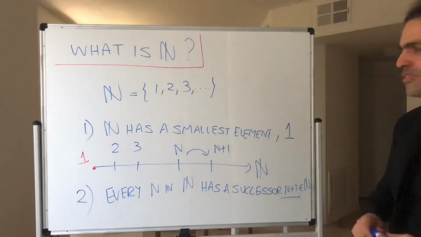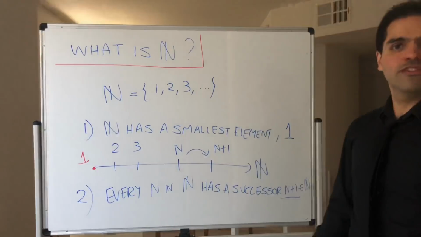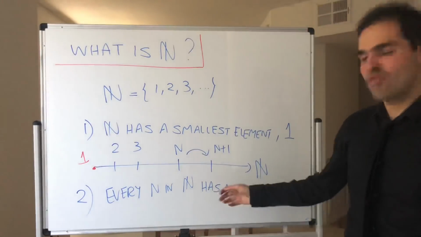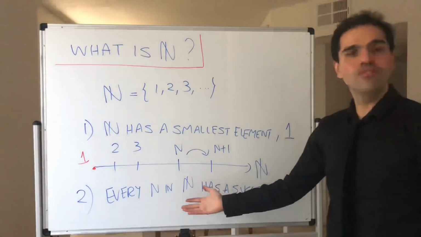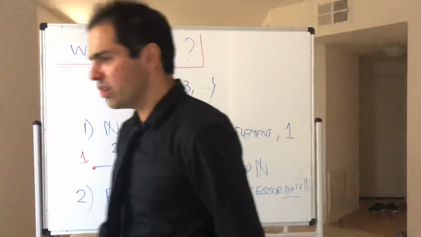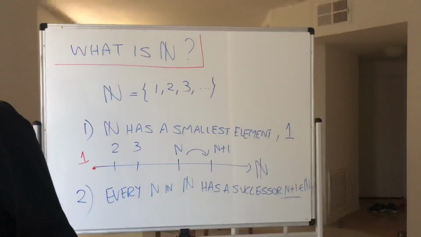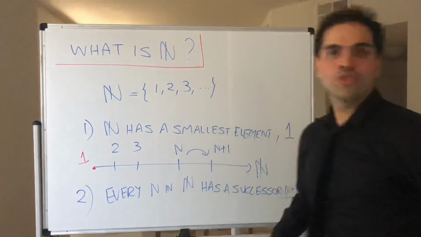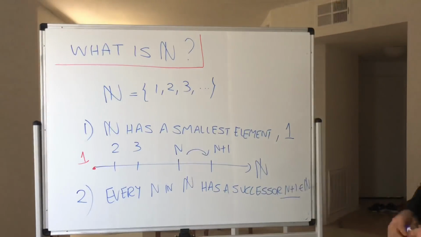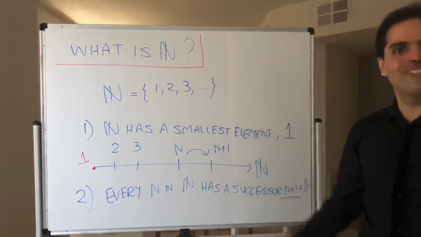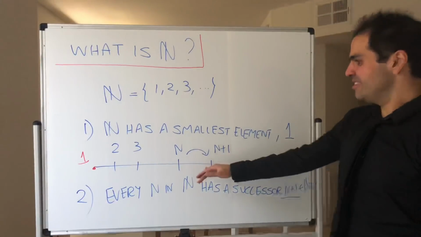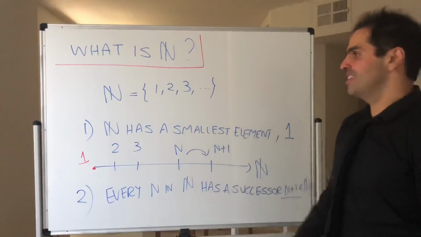The successor of 2 is 3, the successor of 42 is 43, etc. And this is very different from the real numbers. There's no real number that really comes after 2, because you could say 2.5, but you could also say 2.25 or something.